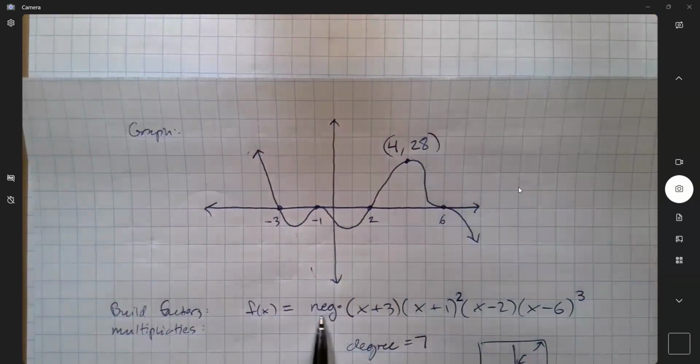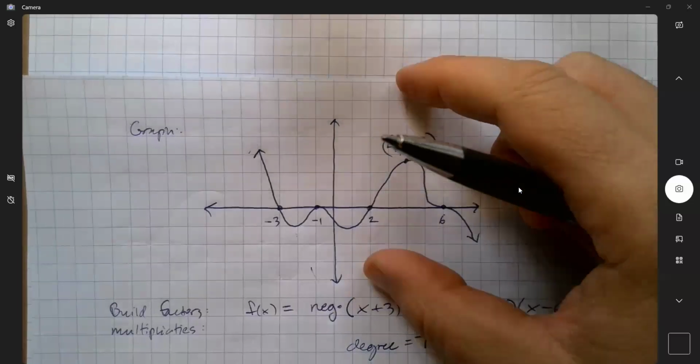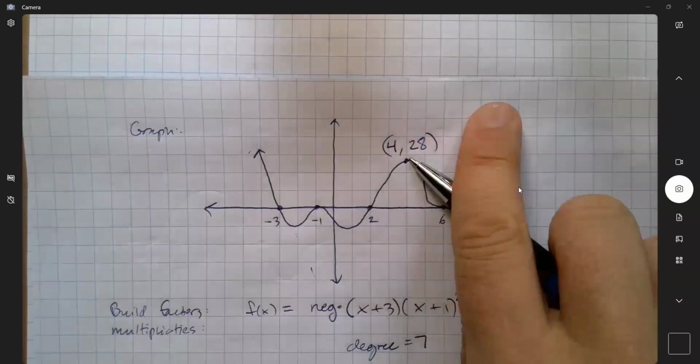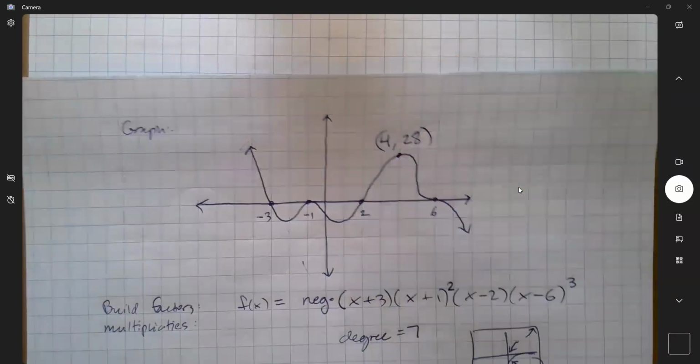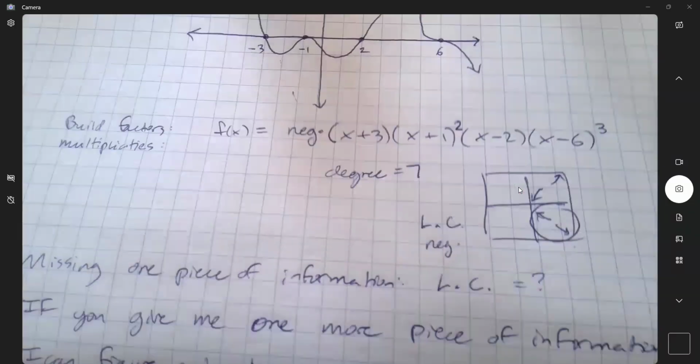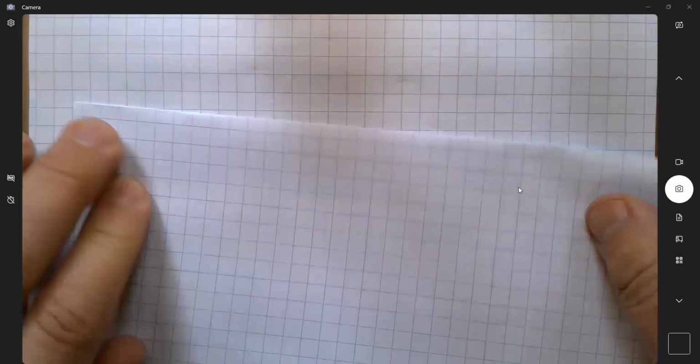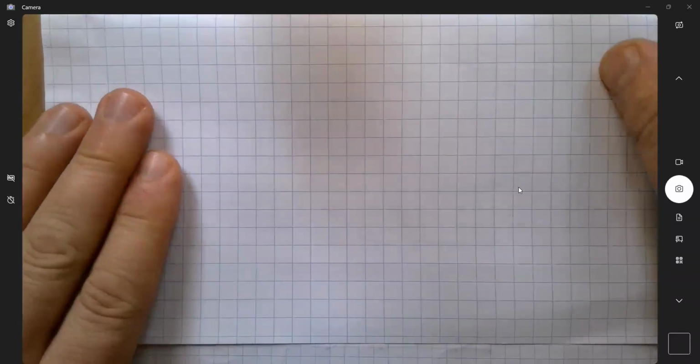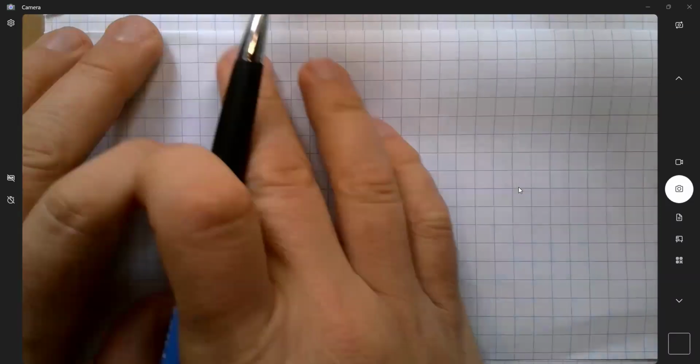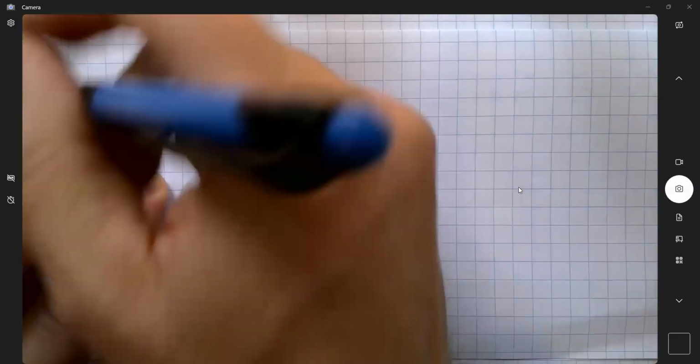Because whatever that negative number is, it has to be the right size to scale my graph to go right through 4, 28. And finding it out is very similar to finding the y-intercept in the earlier questions.